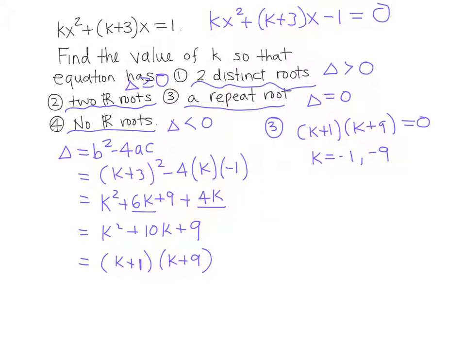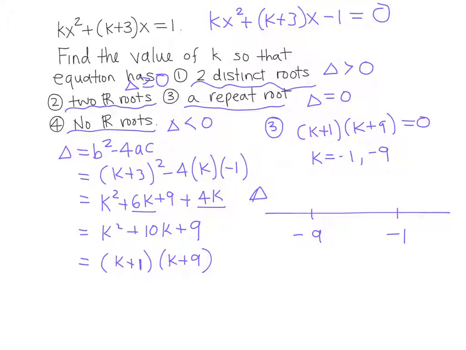After that, we create a number line, plot those 2 points, -9 and -1, and then we're going to represent the values of the discriminant above the number line.